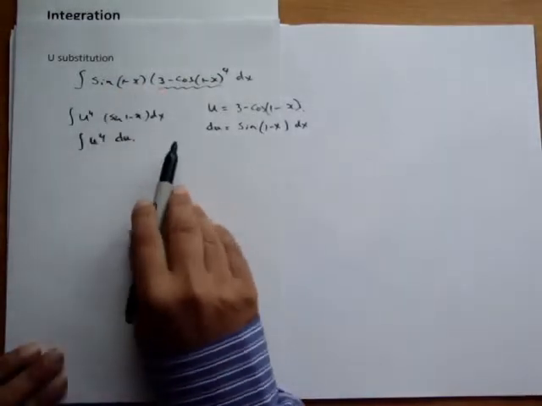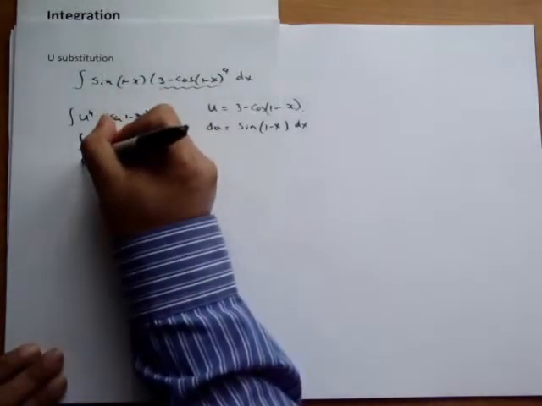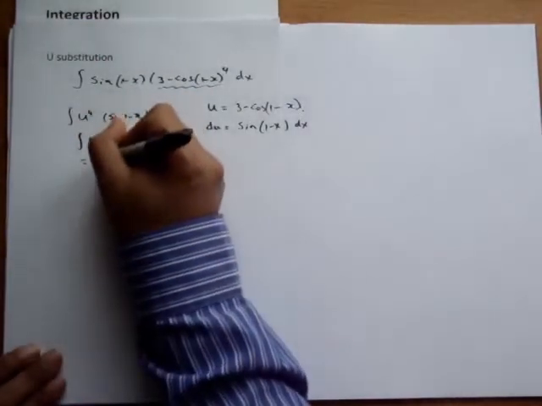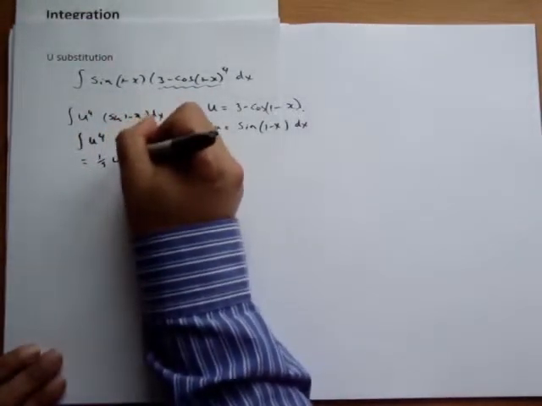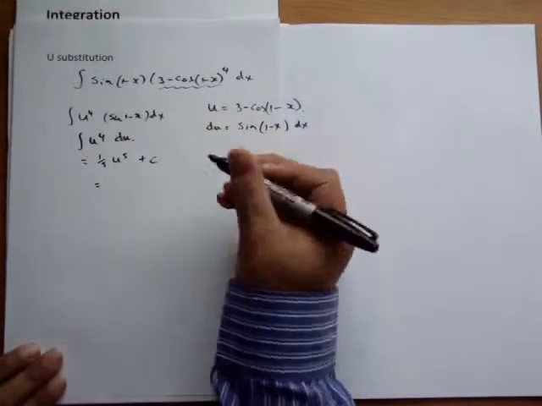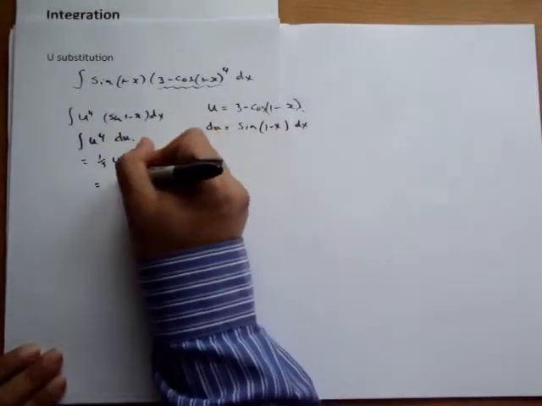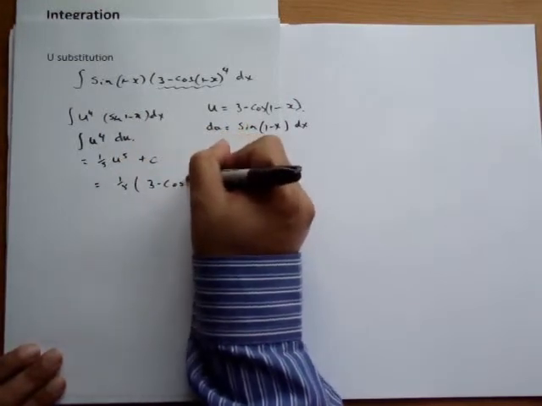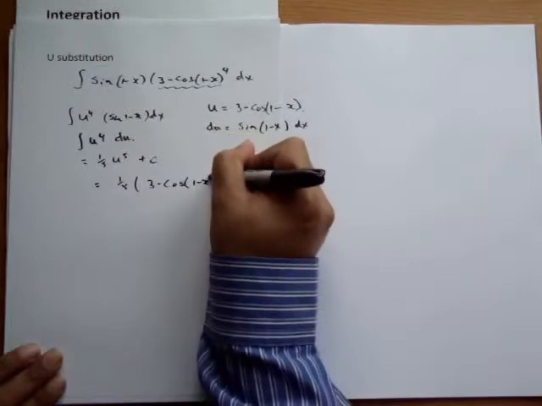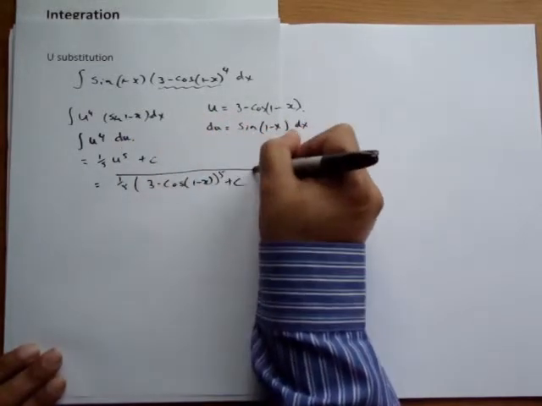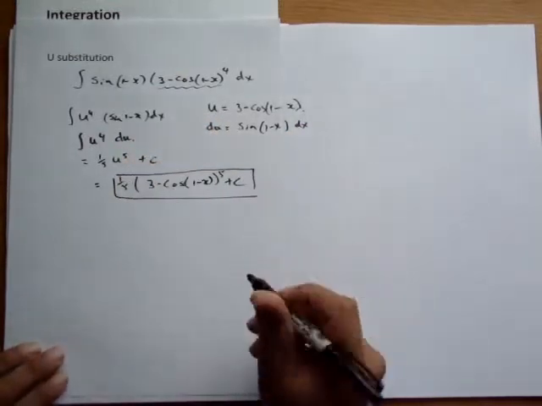Now that we've got rid of all the x's, we can do our integration. So this becomes 1/5 u to the 5 plus c, and when we replace our u with our original, we get 1/5 times 3 minus cos 1 minus x to the power 5 plus c, and that is our answer.